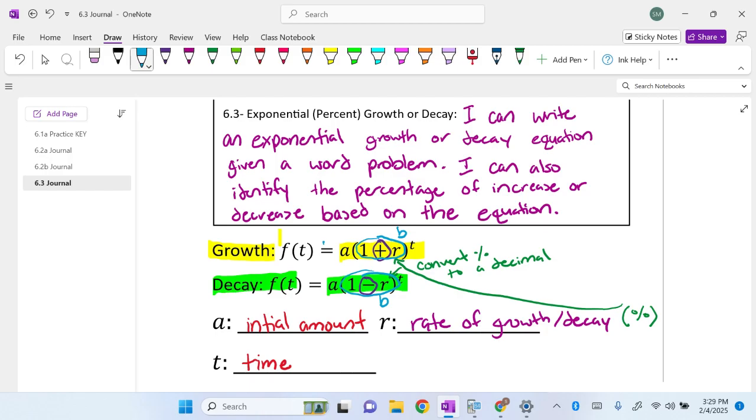So that would give us a number greater than 1. Whereas decay is subtracting the rate from 1. Since decay typically means decrease, our b value has to be between 0 and 1, a fraction or even a decimal, as long as it doesn't have a number in front of the decimal. All right, so that's just something else to think about.